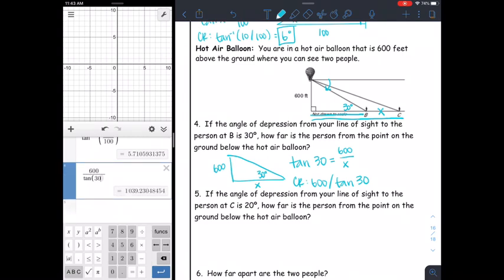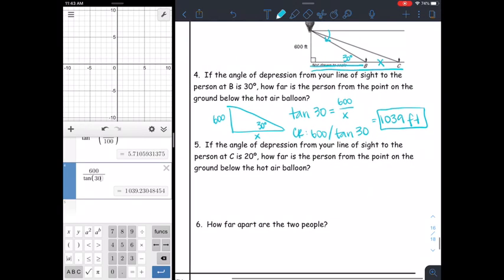And that is, we'll just round it to the nearest foot, 1,039 feet to person B.